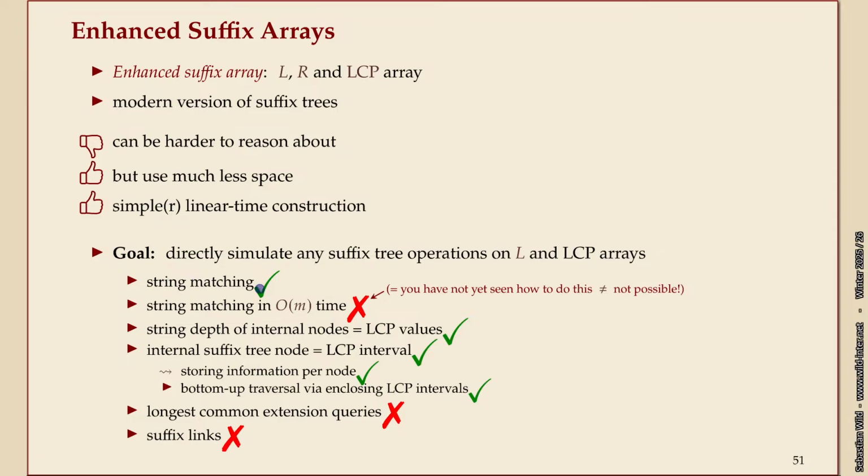For example, string matching, we kind of saw, except with a slowdown, but we'll work on that. The cross here doesn't mean it's not possible. It's just that we haven't done it yet. We've looked at LCP values. The internal nodes in a suffix tree are essentially the LCP values or these intervals. So we kind of have those.